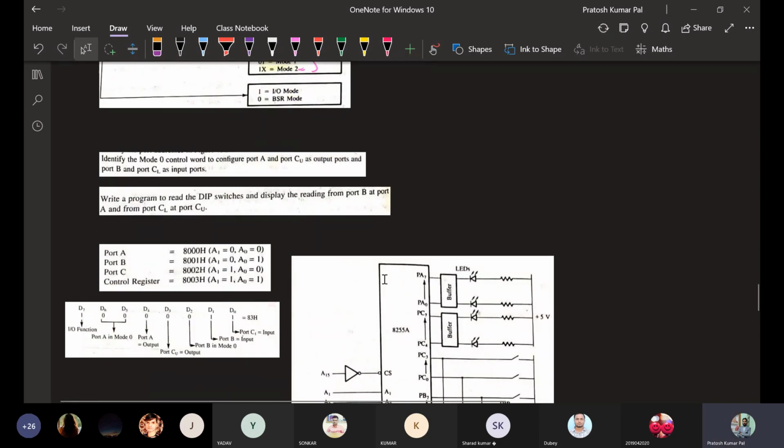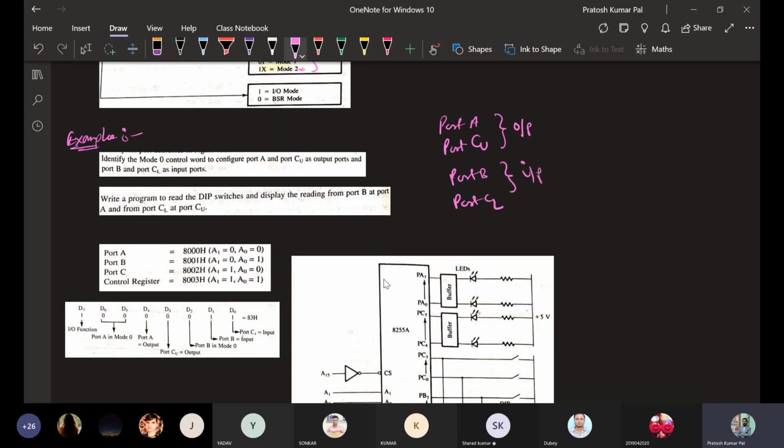Based on that we will see an example. Suppose the question is: identify the mode 0 control word to configure port A and port C upper in output mode, and port B and port C lower as input mode.